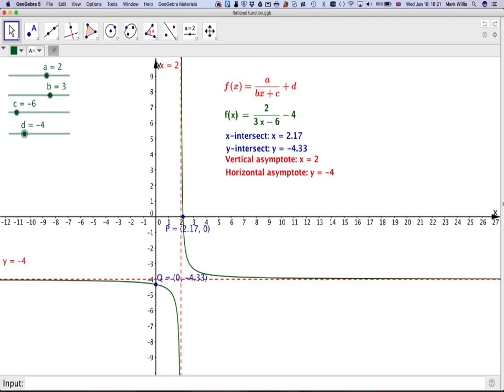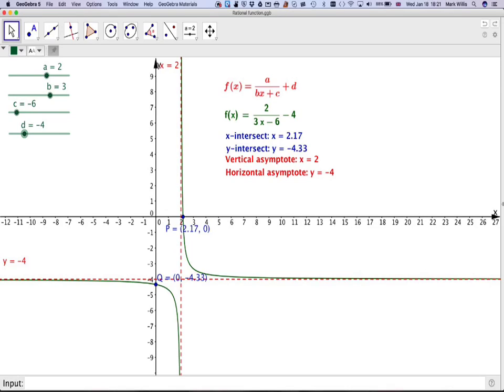We can see over here we've got an x-intercept at 2.167, that's 2 and 1/6. And we can see here we've got a y-intercept at minus 4.33, which is minus 4 and 1/3. So we've got all the asymptotes here: x is equal to 2, y is equal to minus 4.